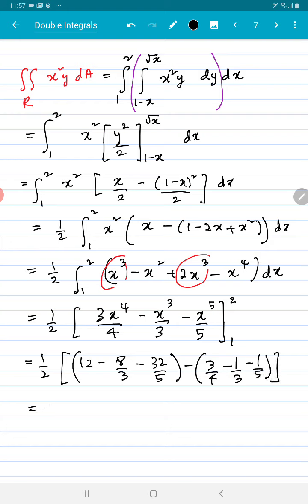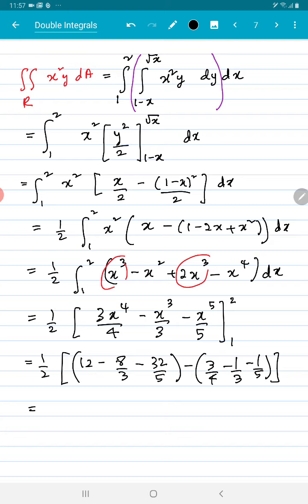Okay, and then we get, hang on, let me get my calculator. 12 minus 8 over 3 minus 32 over 5 minus 3 over 4 plus 1 over 3 plus 1 over 5. Then multiply with a half.